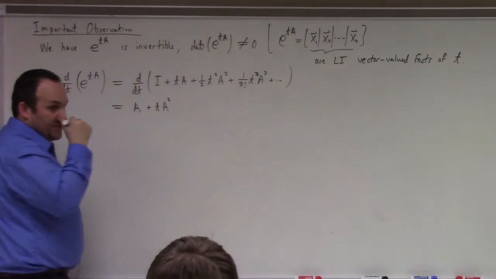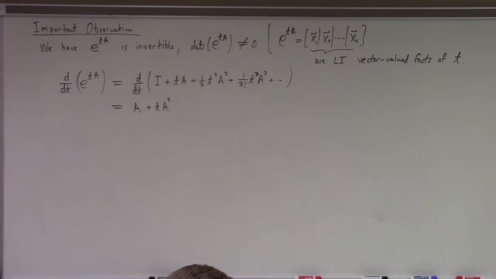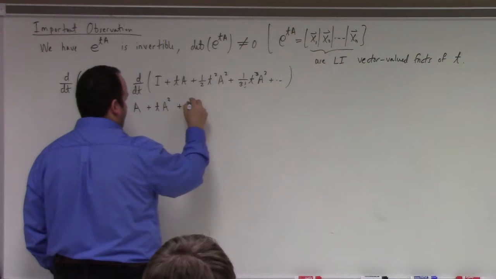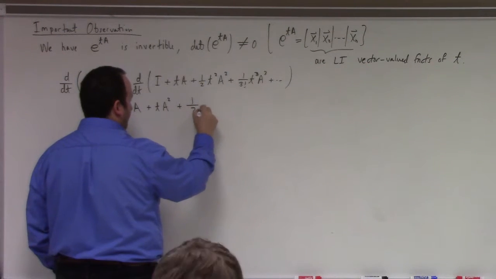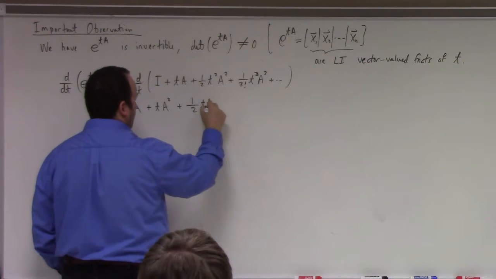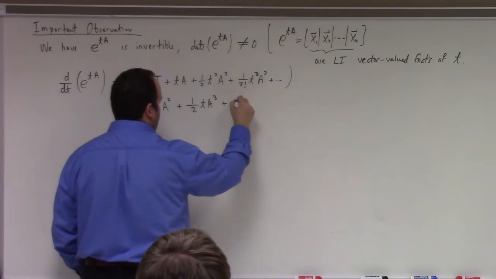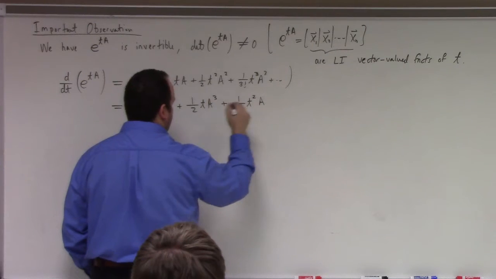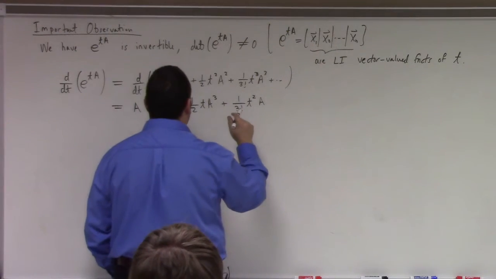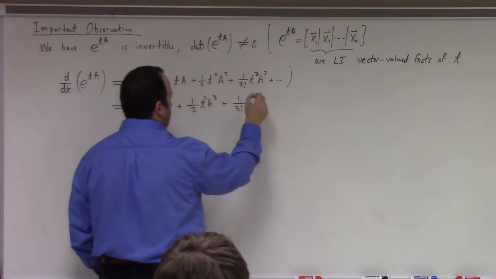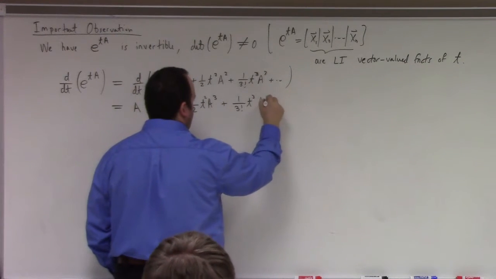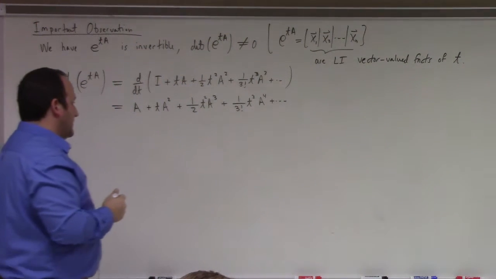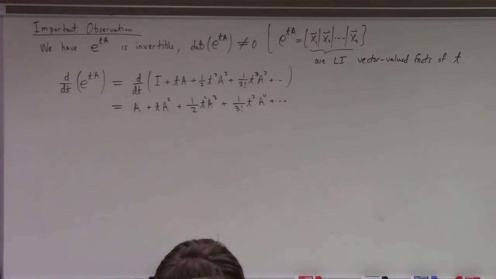Then I get, what's 3 over 3 factorial? It's 1/2 factorial, right? The next thing I haven't written would give us a 1/3 factorial t squared. I'm sorry, that's a t squared, t cubed. The power in a is one more than the power of t, right? Because the t gets differentiated, but the a just rides along.